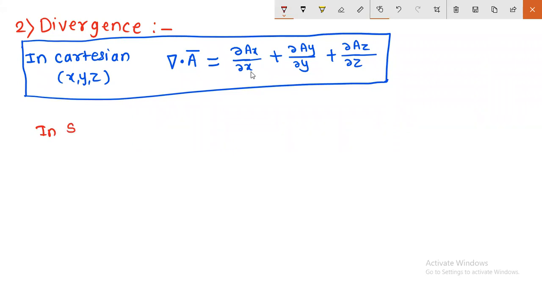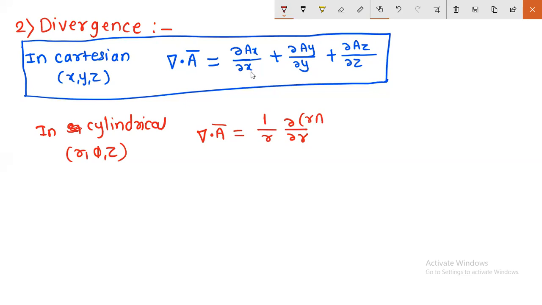Second, in cylindrical, having coordinates r, phi and z, this del dot a bar is given as 1 upon r dabba upon dabba r of r into ar, plus 1 upon r dabba upon dabba phi of a phi, and plus dabba upon dabba z of az. So this is in the cylindrical system.